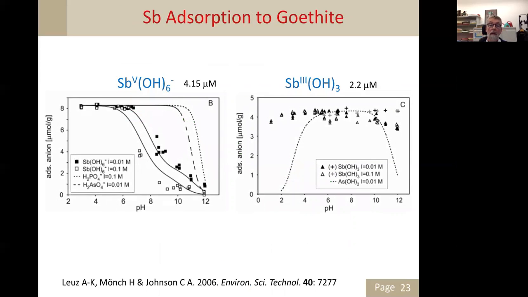And I showed you before the sorption pH dependence for the antimonate here. And here I show you the same diagram now for the antimonite, a little bit lower concentration of 2.2 micromolar. And what you see here is that we have no dependence on pH, at least for that pH range that is environmentally interesting.